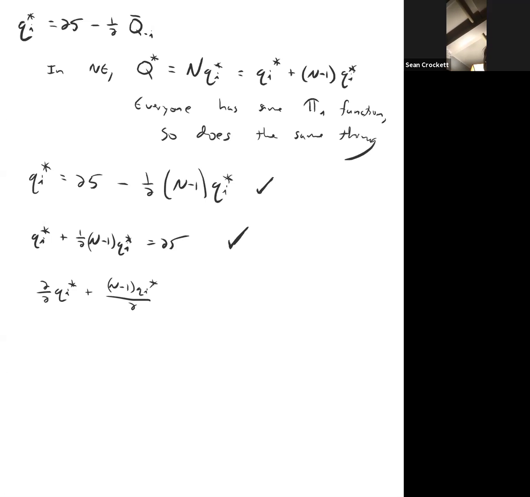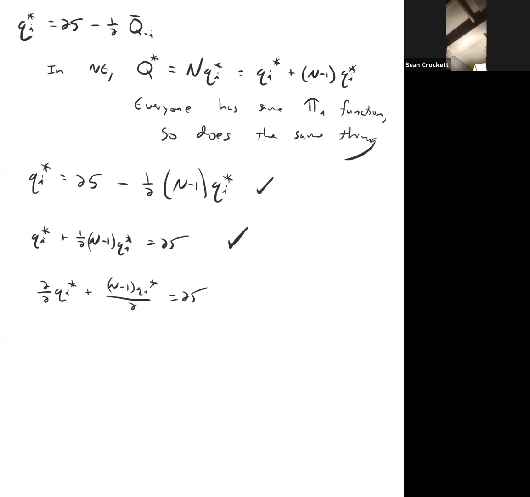And so this is equal to, and maybe this is 5. Okay, yeah, that's where I saw this. I think that's where my mistake was. So now we have 2. Oops. That equals 25.